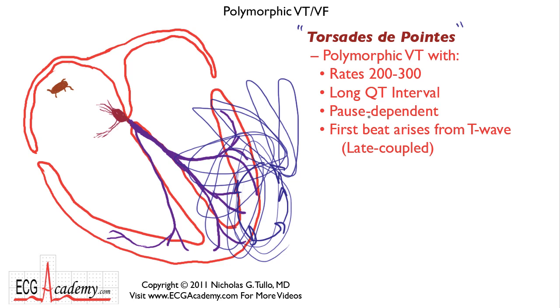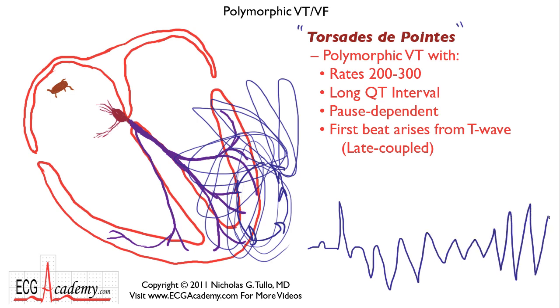And what you see is a polymorphic ventricular tachycardia that in the books looks like it gets bigger and smaller and then bigger and then smaller again.